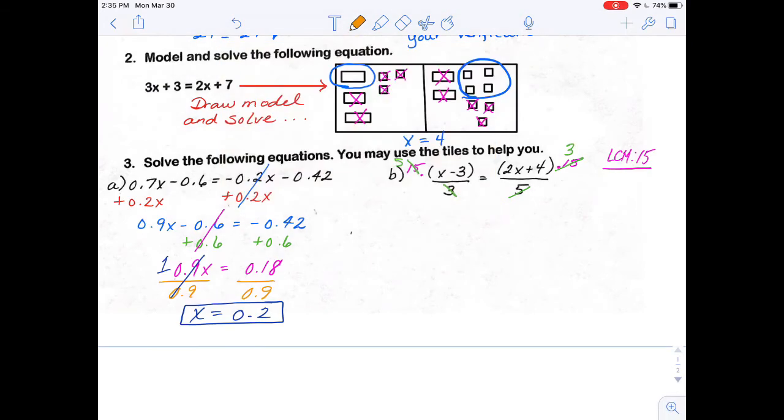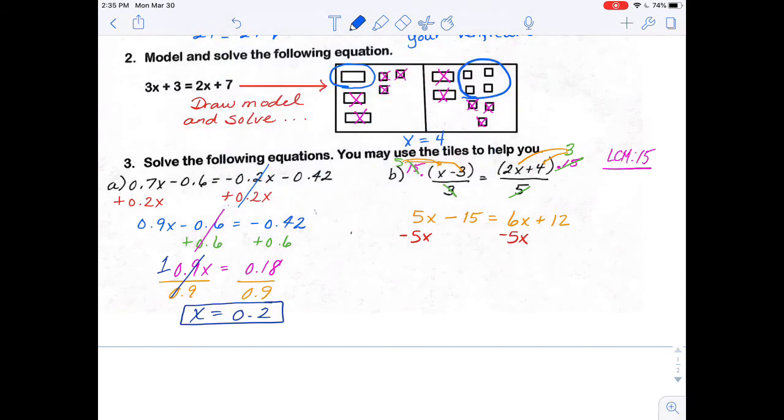Now using that distributive property, I'll get 5x minus 15 is equal to distributive property 6x plus 12. Now here again, I've got my variables on both sides, so we're going to get rid of our smallest variable, which is 5x. So I'm going to subtract 5x on both sides.